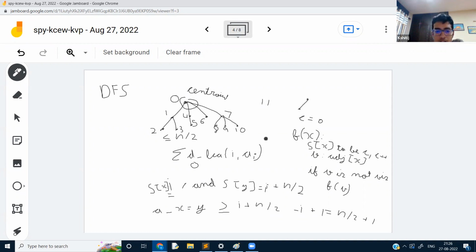We set a of x equal to y. We calculate the y for every I. We iterate from I 0 to n minus 1. We find the corresponding x and y, and we set a of x equal to y. Did everyone understand this one? The cyclic shift.